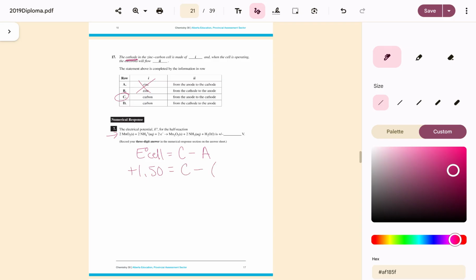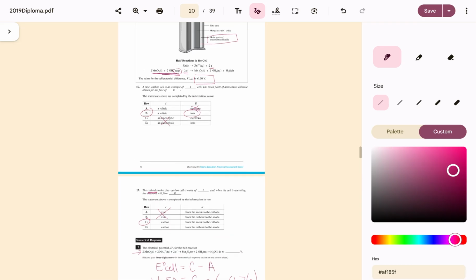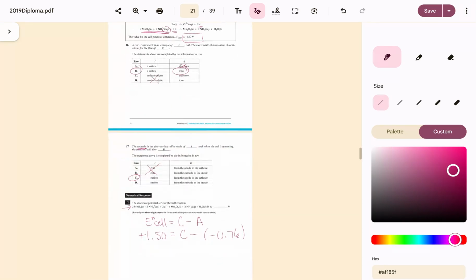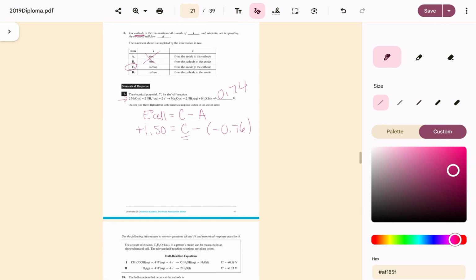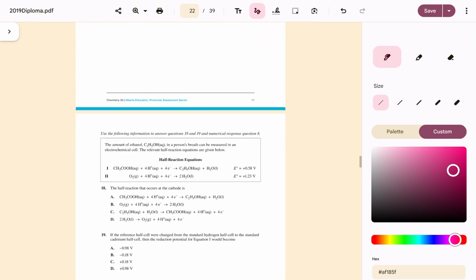And we want to subtract the potential at the anode, which is zinc. So you can get this value right from your data booklet. Or I also think was it listed here too? No, it wasn't listed there, but that is in your data booklet. And then you want to isolate your C value. And when you do this, you should get 0.74. So now we know the cell potential at the cathode.